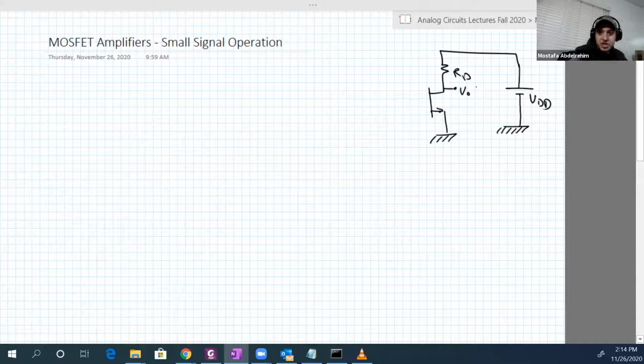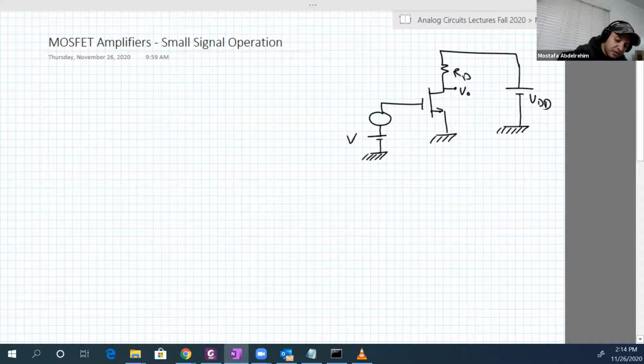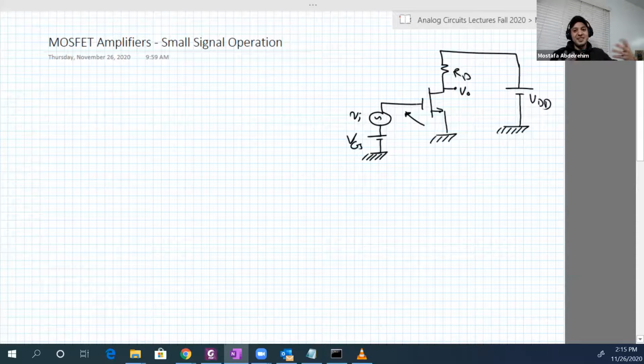Here is VO, which is VDS. And we have two sources, VGS and the voltage that we want to amplify. Both of them make up VGS, so you can say the DC portion of VGS and the AC portion of VGS.